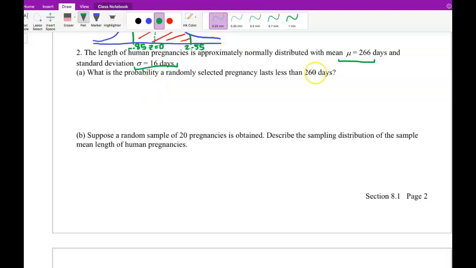So no sample size given. What is the probability a normally selected pregnancy lasts less than 260 days?